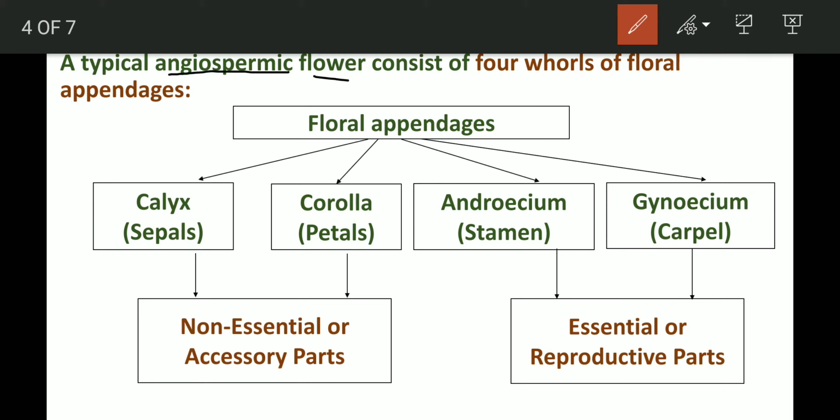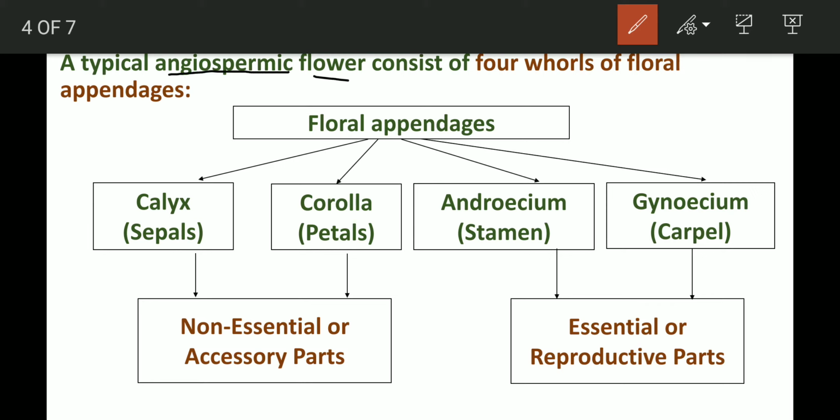Then the third appendage is the androecium, the male reproductive part, called the stamen. And innermost is the gynoecium, or carpel. Is it clear? So in this way a flower consists of 4 whorls of floral appendages: calyx, corolla, androecium and gynoecium.